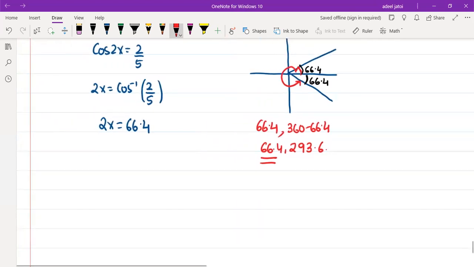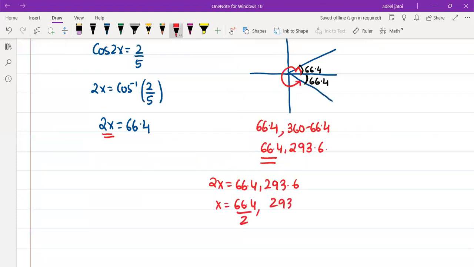But since I have been given 2x, these two angles will be equated to 2x, and then I will divide both angles by 2 because of the given value.